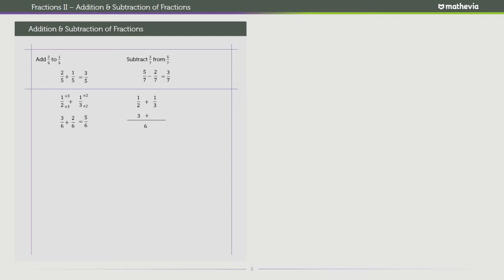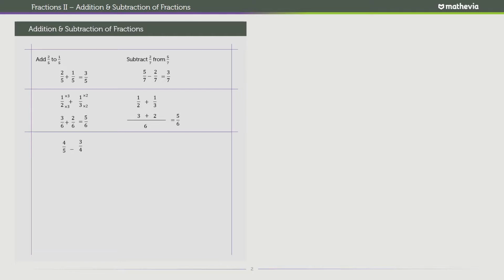And then we bring this plus here, and similarly we say 6 divided by 3 is 2, 2 times 1 is 2, and what we have in the end is 5 over 6. Simple, okay? And this is the easier method to follow, as opposed to multiplying like we did.